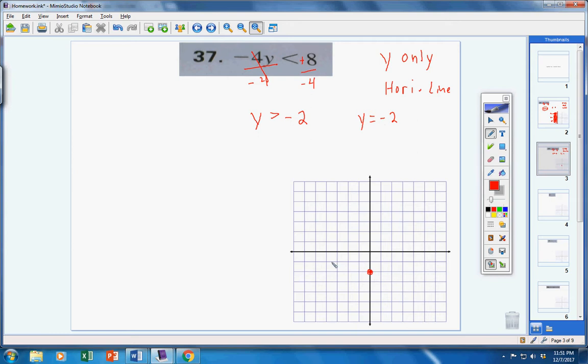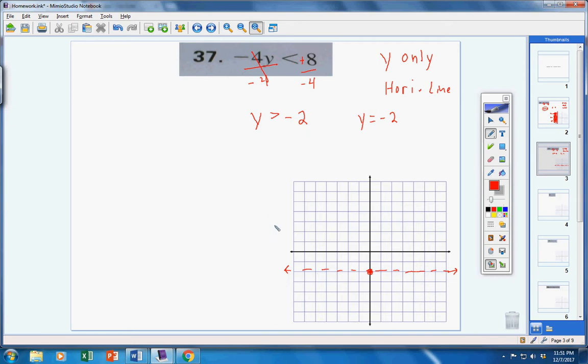But before you draw your line, look at your symbol. There's no equal sign here, so it's going to be a dotted line. Always remember, students, to check when you're graphing linear inequalities. Always check to see if your line is going to be dotted or solid.